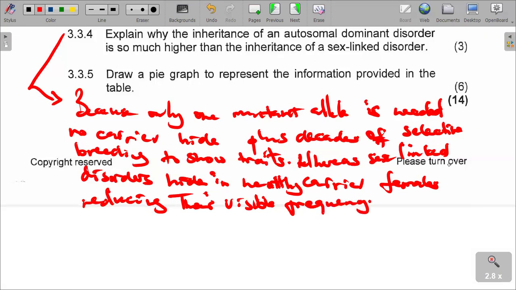That is to say we can see few of them, because some of the sex-linked disorders cannot be seen in the healthy females, since they are not expressed there. That is what is happening.